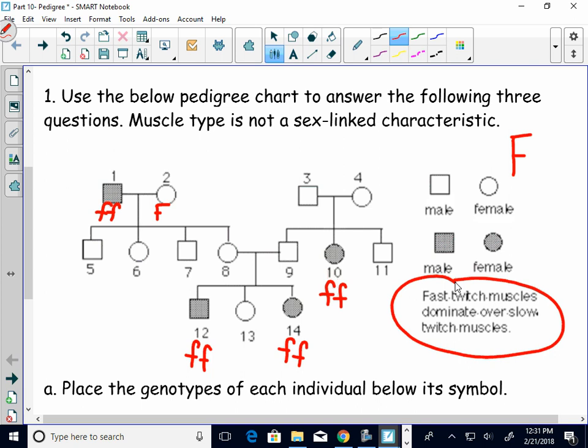I've got lowercase f's right here, don't I? Let me ask you this, okay? Could this be a lowercase f right there? Could be. Could it be an uppercase F? Could be, right? Because there's nothing to tell us that it has to be a lowercase, does it?